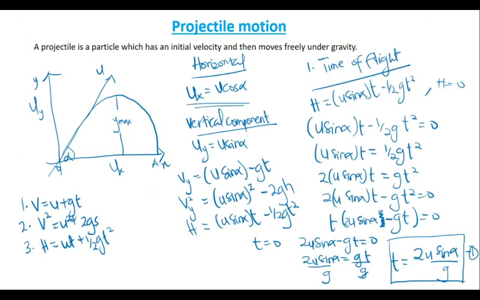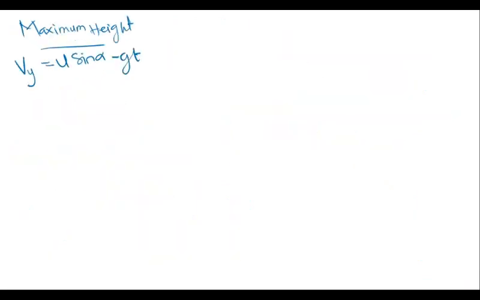At our maximum height, the particle has no vertical velocity, so Vy is equal to 0. So we can rewrite this as 0 is equal to u sine alpha minus gt. If we make gt the subject, we get u sine alpha over here.